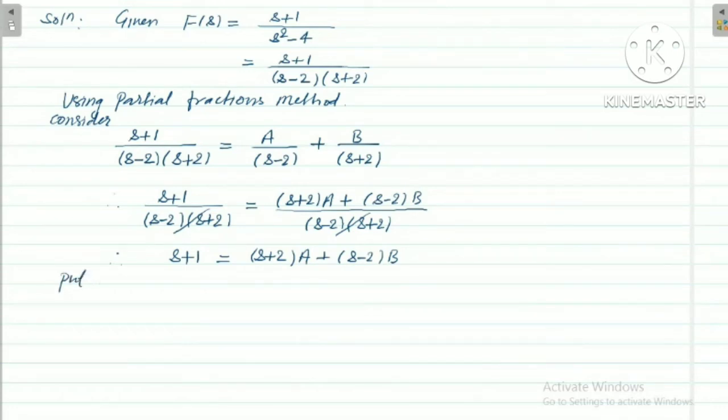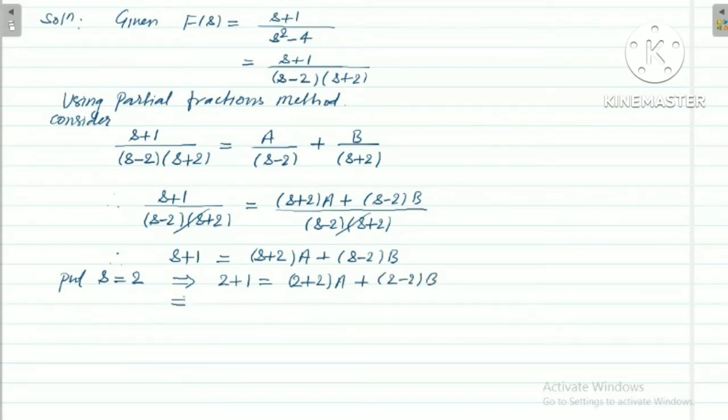Okay, so let us see here. Put s equal to 2 here. This gives 2 plus 1, and this is equal to 2 plus 2 a plus 2 minus 2 b.